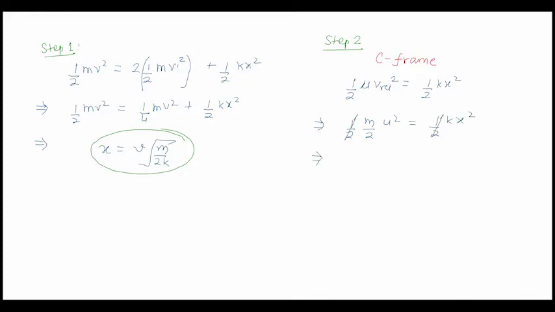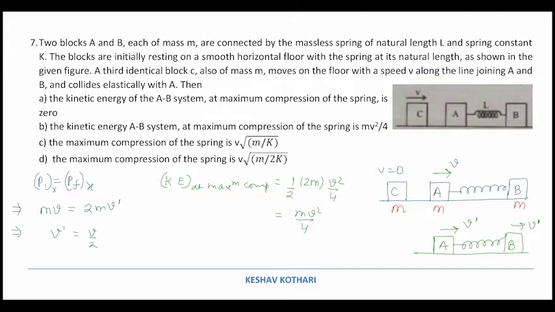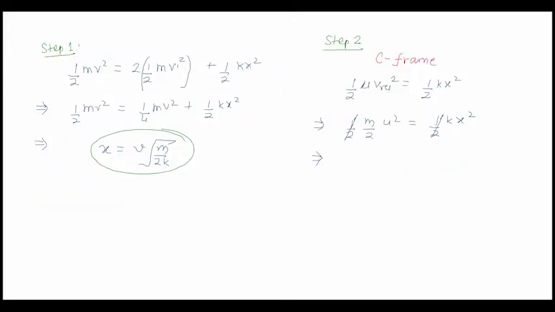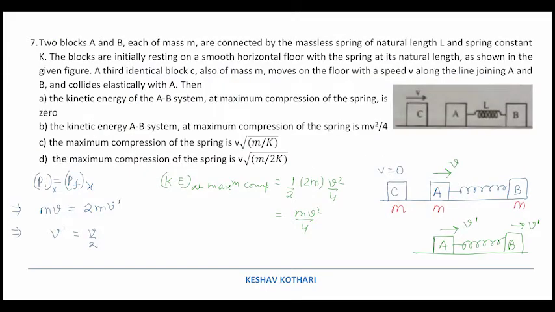So from here I can put u equal to v, because initially the relative velocity between the two blocks is equal to v, and then we obtain x is equal to the square root of m u square by 2k. So if we put u as equal to v, we get v root over m by 2k.